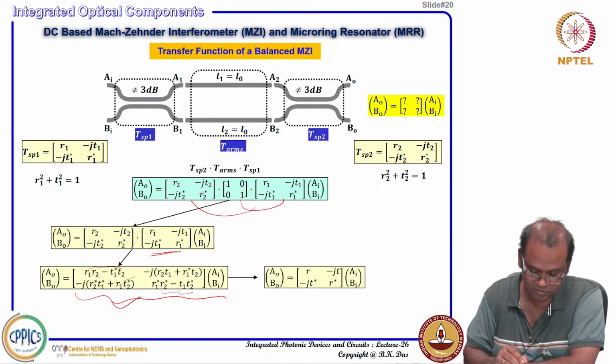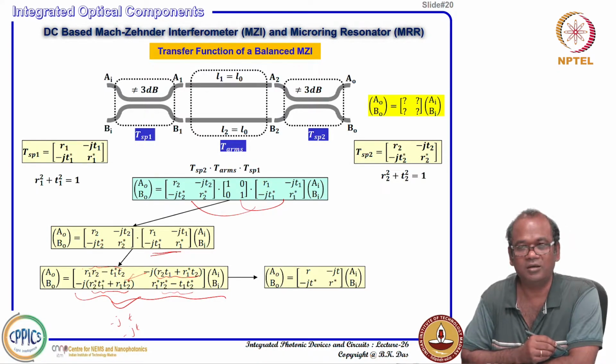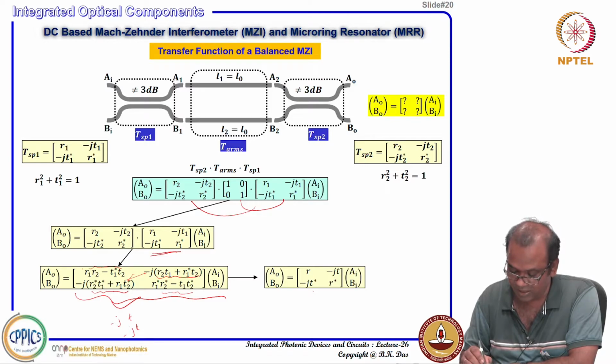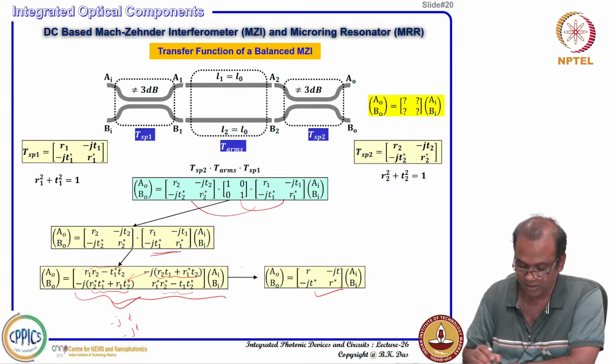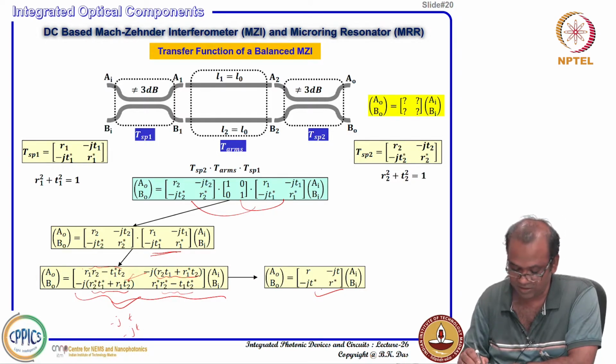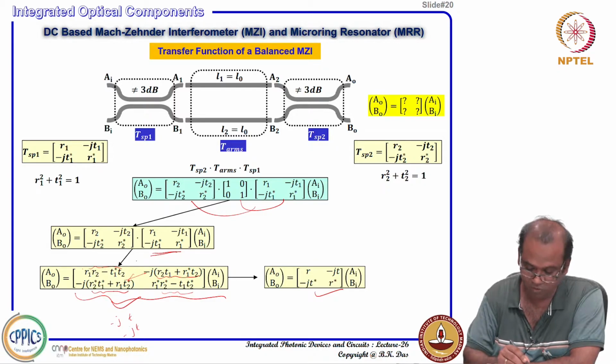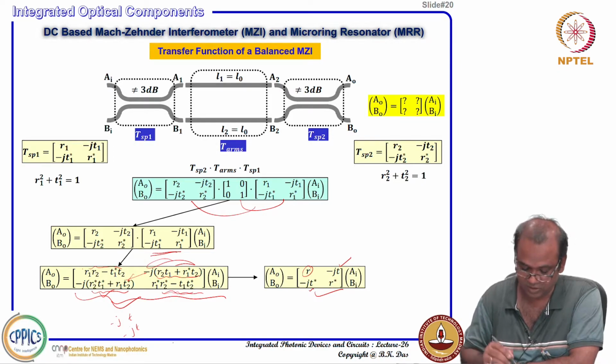Similarly, for this and this, you get minus j T and minus j T star; whatever minus j multiplication is here, minus j complex conjugate is multiplied here. So, simply, that entire structure can be written like this: as a whole we write this element as R, this element as T, this element as T star, and this element as R star.